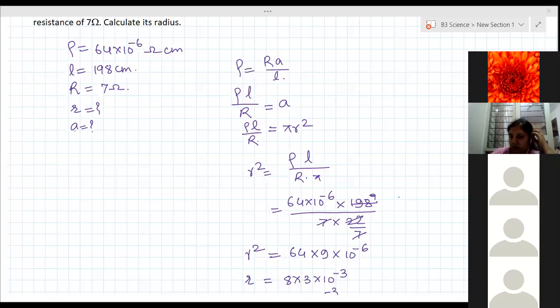I didn't understand the 30th question. Length is increased by 4 times, so the new length is 4L, and the area is decreased to A by 3.